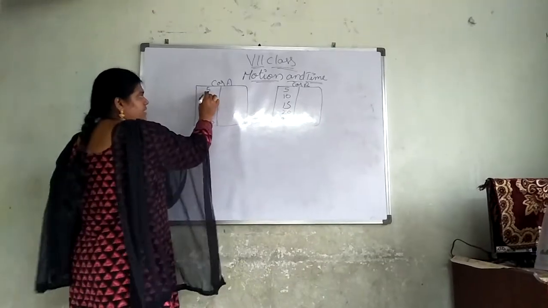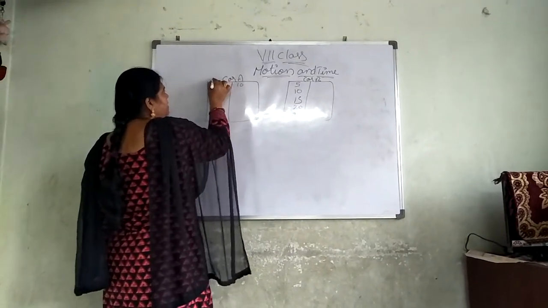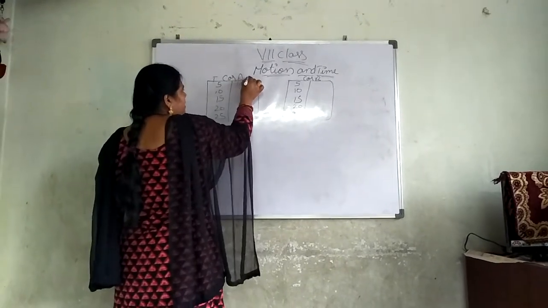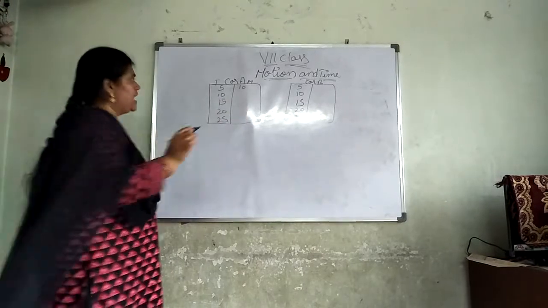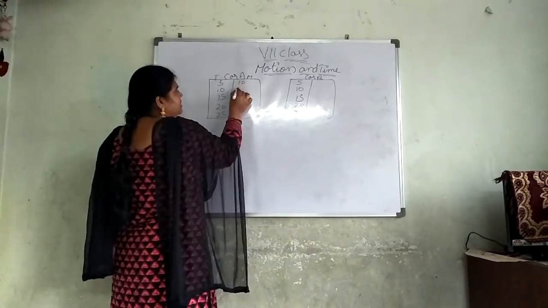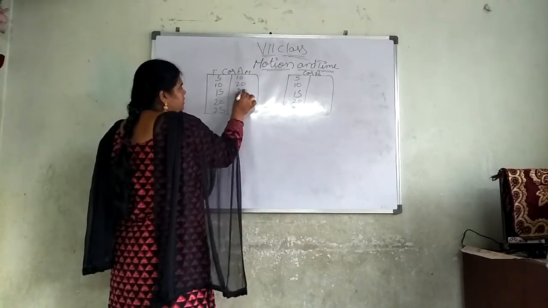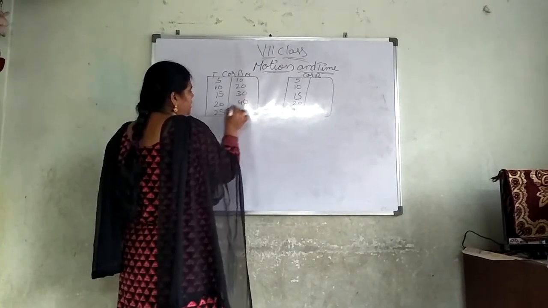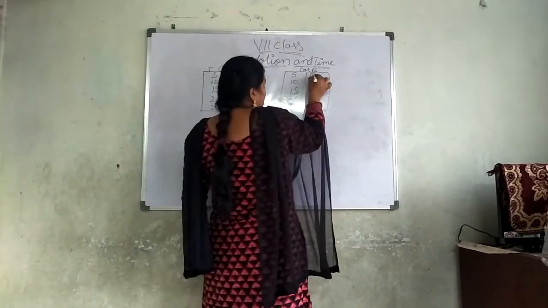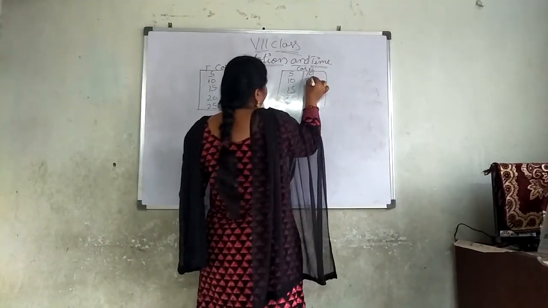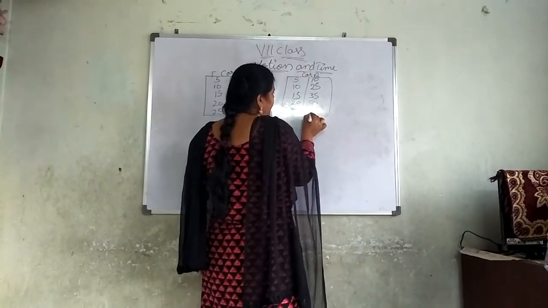In 5 minutes the car travelled 10 meters. Here time, here meters. 5 minutes, 10 meters. Then 10 minutes, 20; 15, 30; 20, 40; 25, 50. For car B: 10, 25, 35, 50, then 80.